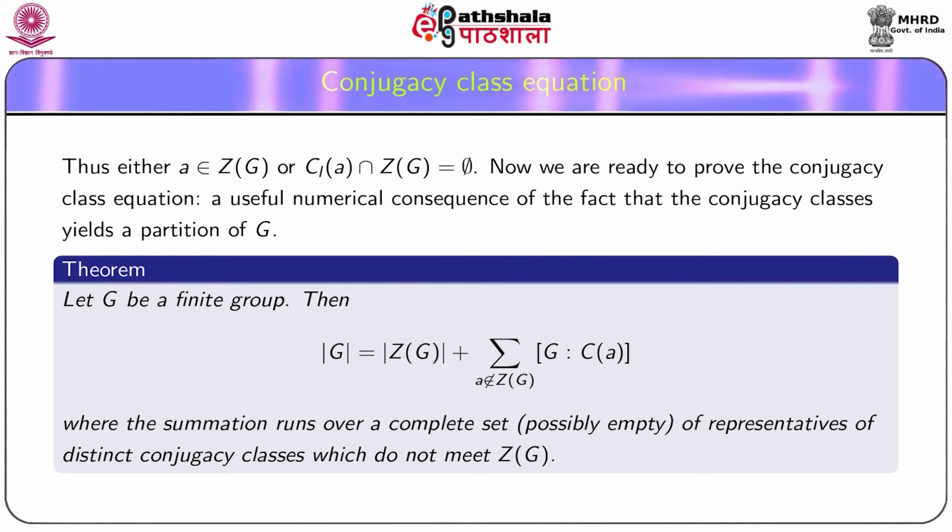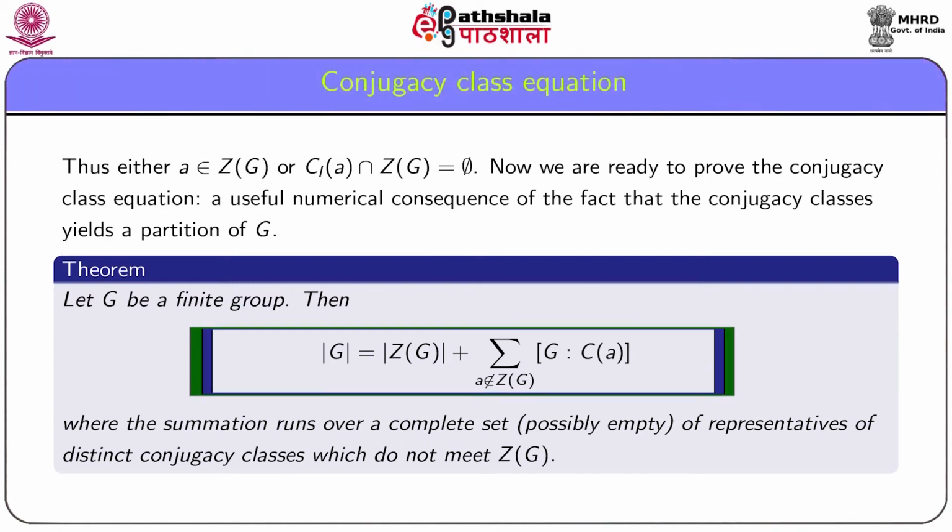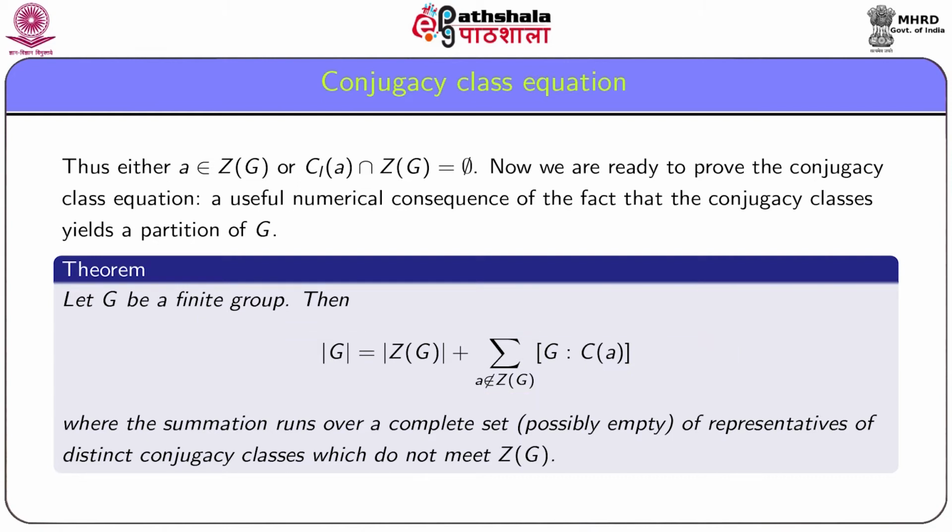Now we prove that if G is a finite group, then the order of G is equal to the order of Z(G) plus the sum of the indices of C(a) in G, where the sum runs over a complete set of distinct representatives of conjugacy classes which do not meet Z(G).